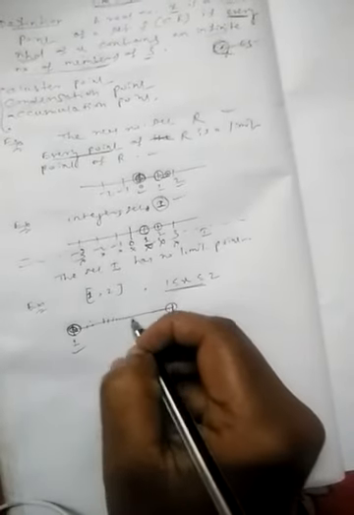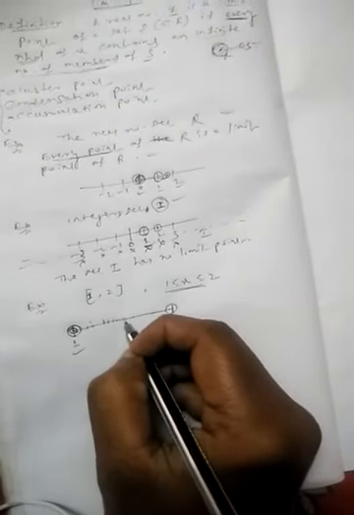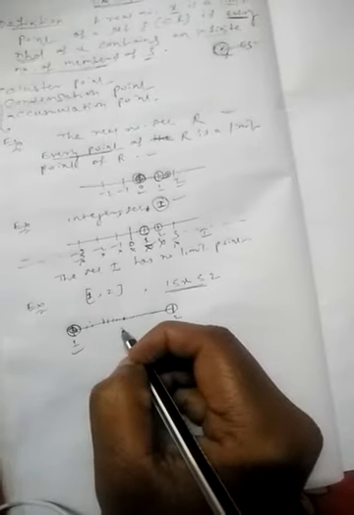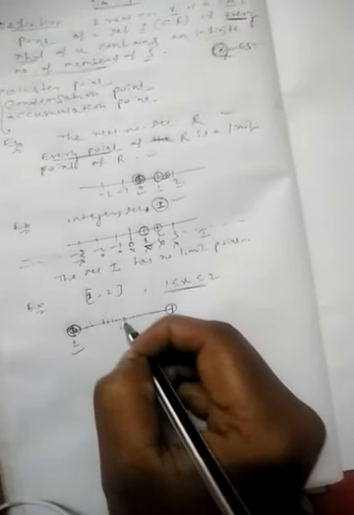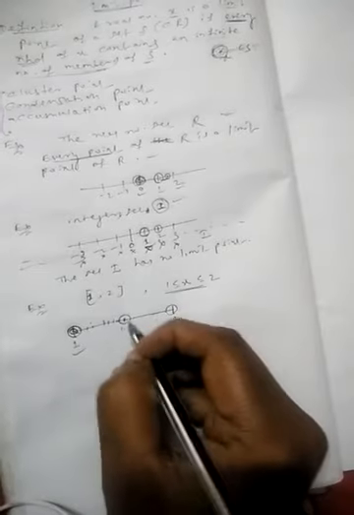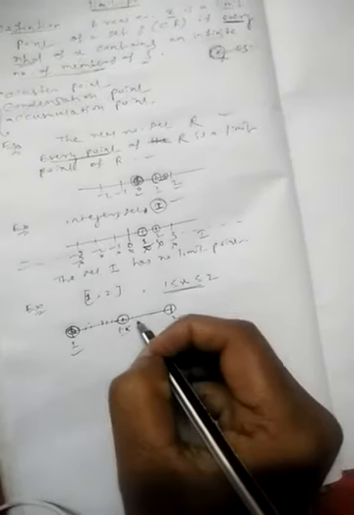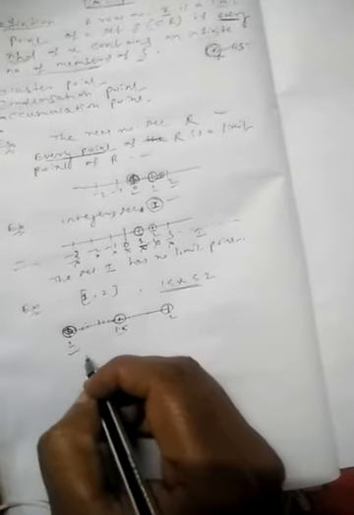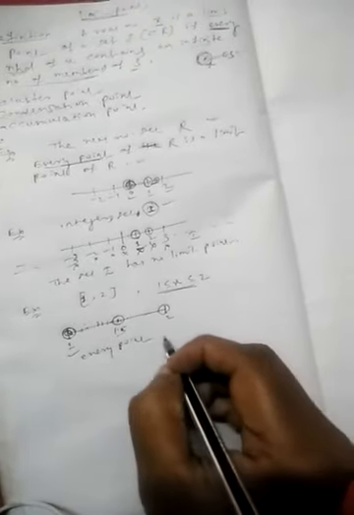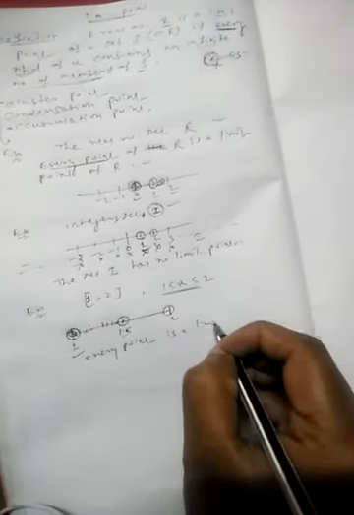Again, all the intermediate points, suppose this is the point 1.5, if I draw the neighborhood, then it contains so many real numbers, so it is a limit point. Similarly you can check every point. So here we can write every point is a limit point.